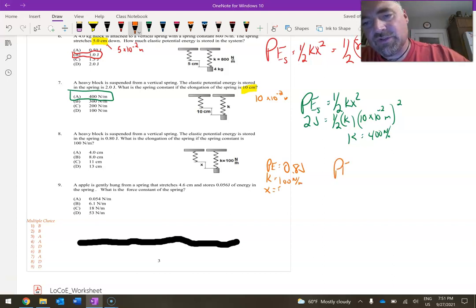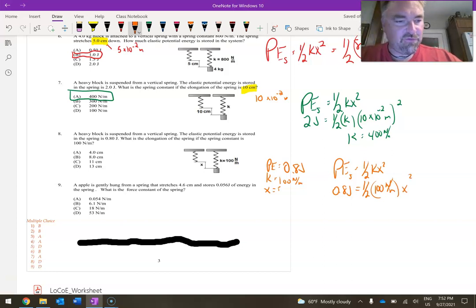So again, same equation. Potential energy spring, 1/2 kx squared. So I've got 0.8 joules is equal to 1/2 of 100 newtons per meter, and that's going to then times X squared. So we solve through this.